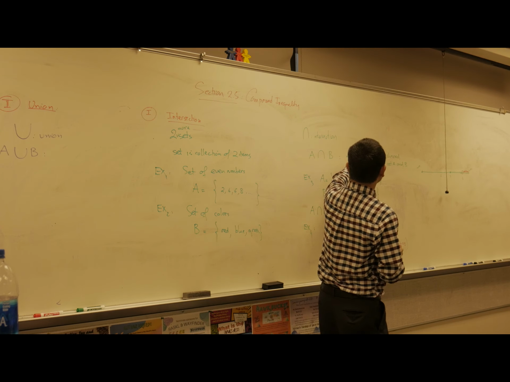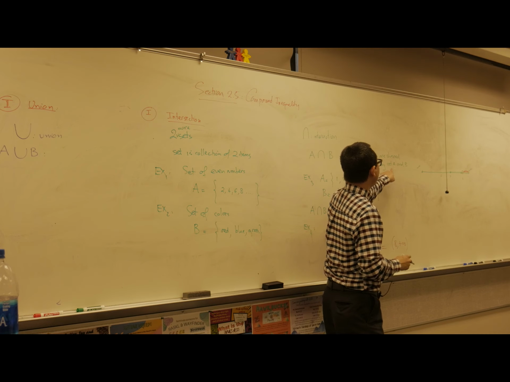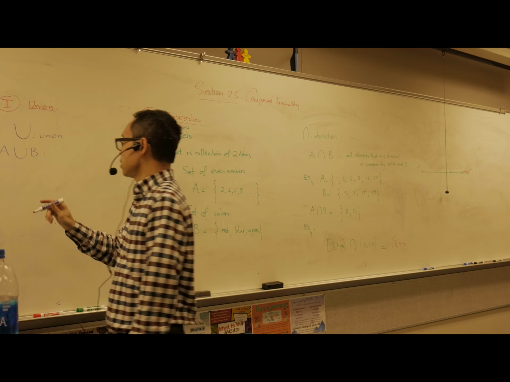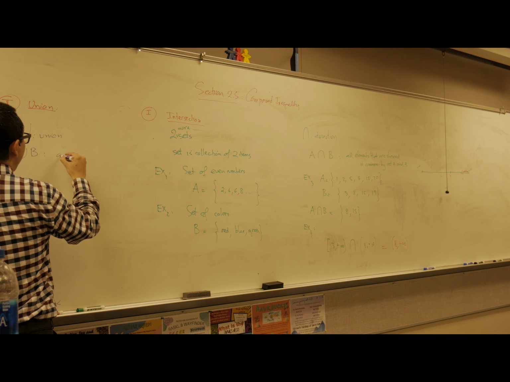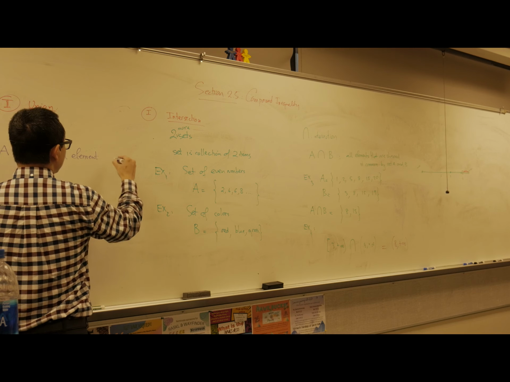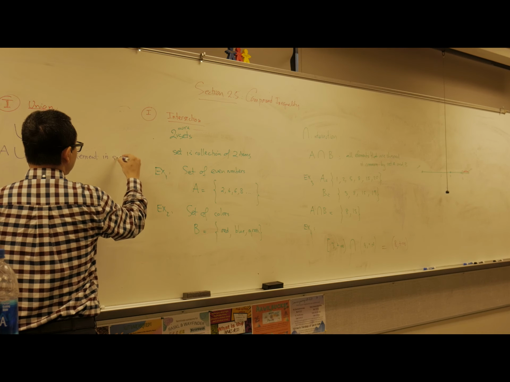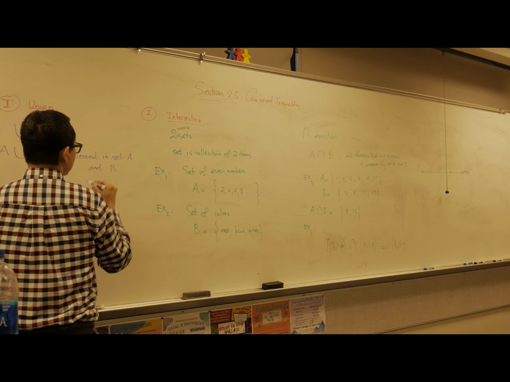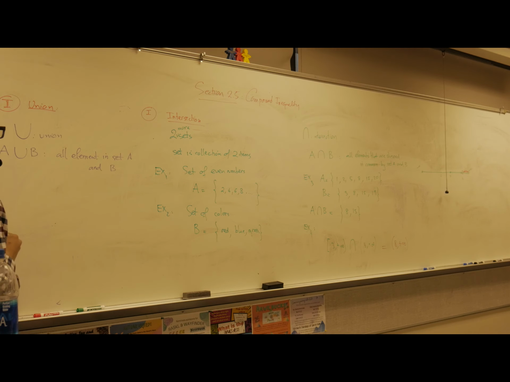A intersect B means all the elements that are shared in common by set A and B. For union, it means all elements in set A and B. So you're going to take everything.